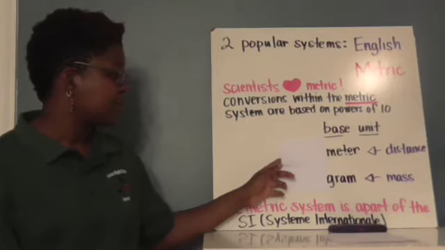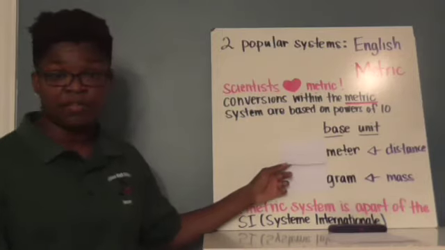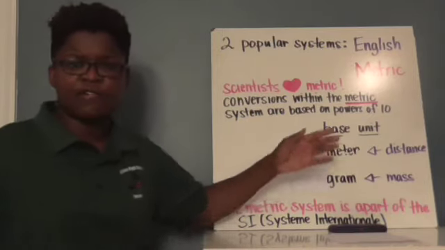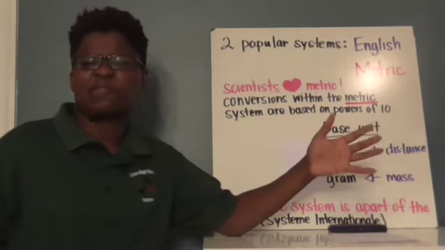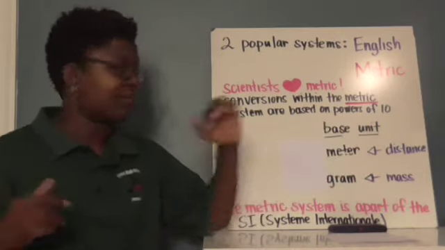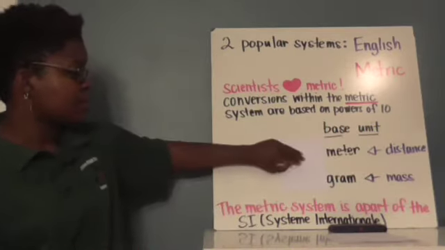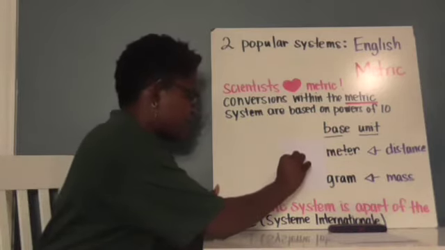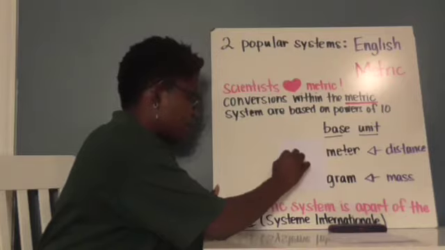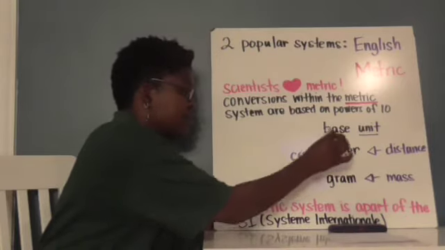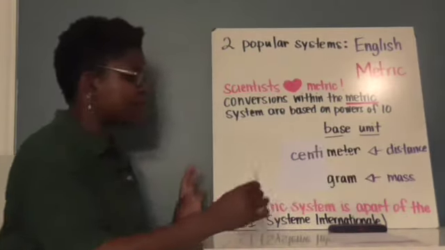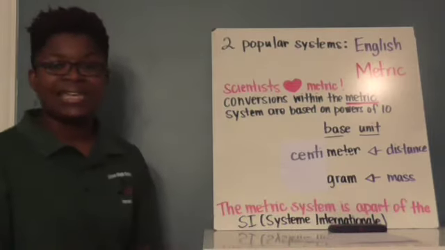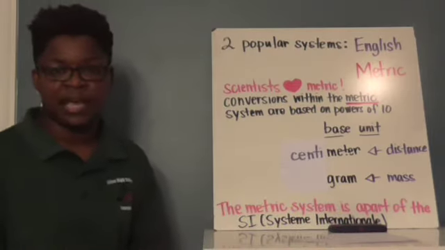And I could look at this meter as just being a meter, which is a little bit over 3 feet, okay? Just a little bit over 3 feet. So that's a meter. However, if I put a prefix in front of it, that changes our measurement. So if I put the prefix centi in front of it, it's now 1/100 the size of the original meter.